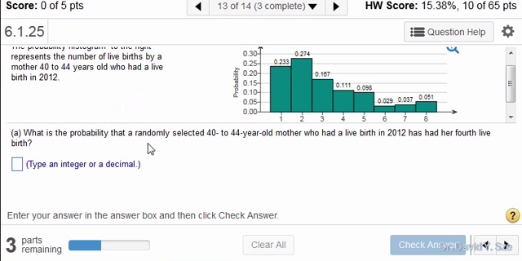So the first problem, what is the probability that a randomly selected mother has had her 4th live birth? So if you think of this maybe as the color black, 11.1%, or as a decimal 0.111, that's the number in this category.